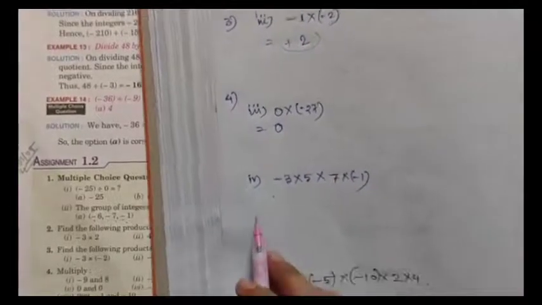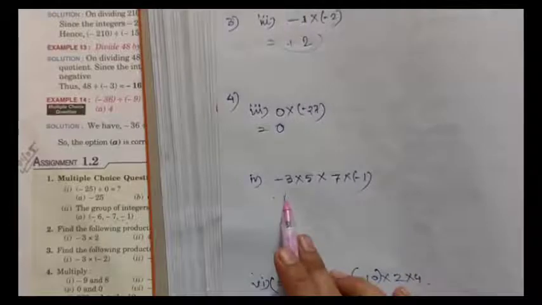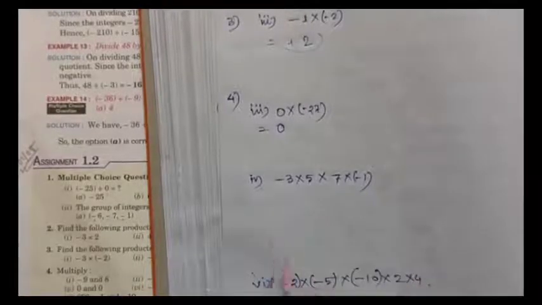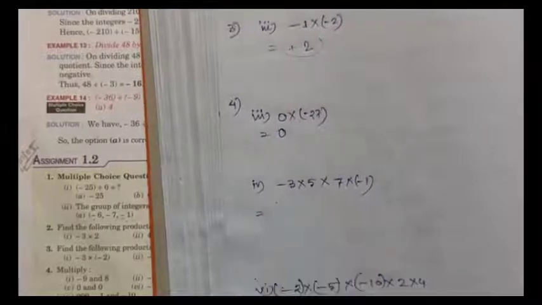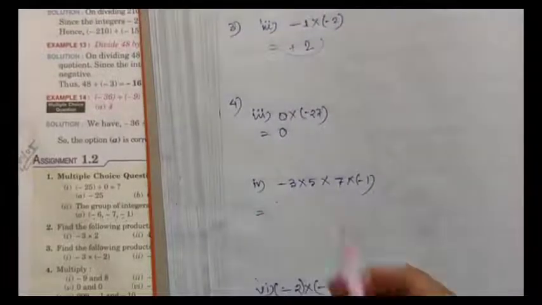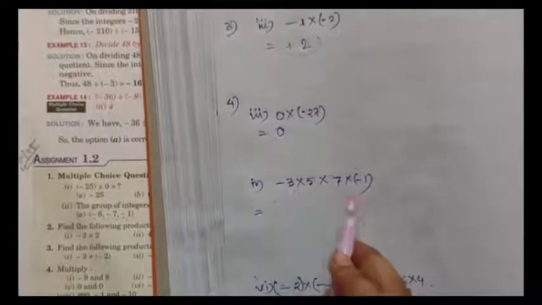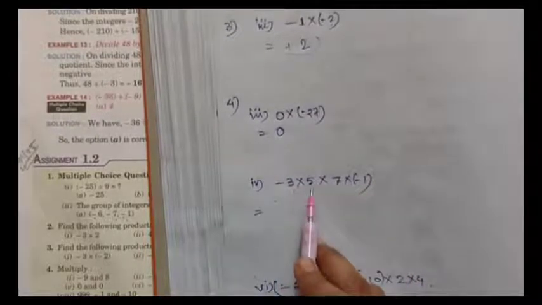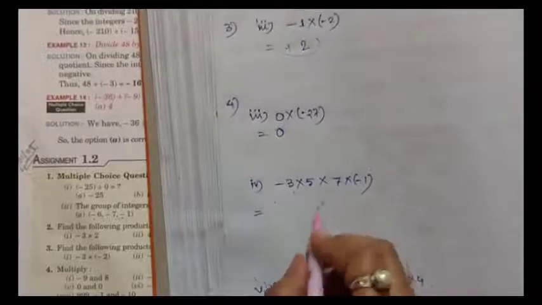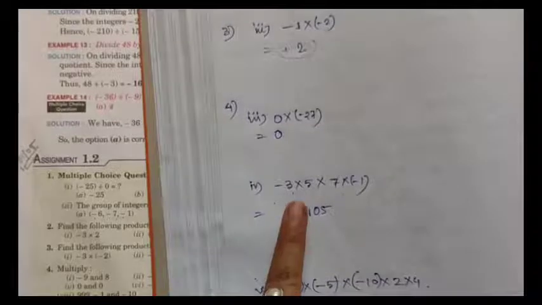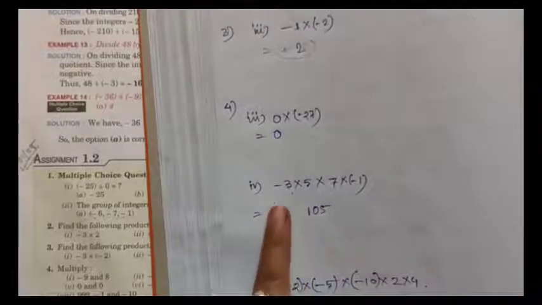Next question. Minus 3, 5, 7, minus 1. At first we need to multiply the absolute values of the integers. The absolute values are 3, 5, 7, 1. 3 5s are 15, 15 7s are 105. And which sign will be here?